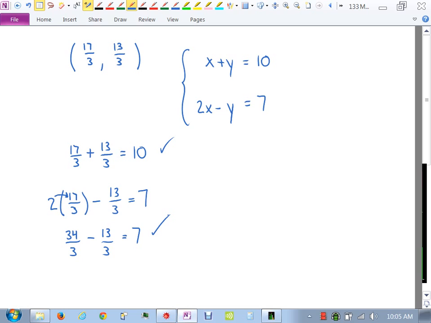Now, there's lots of applications to this. I'll give you just one quick application. Let's say that you have a company, and let's say this is the number of phones you create. So this is like some cell phone company, and this is going to be money. So let's say that this cell phone company knows that they have a certain cost of making phones.